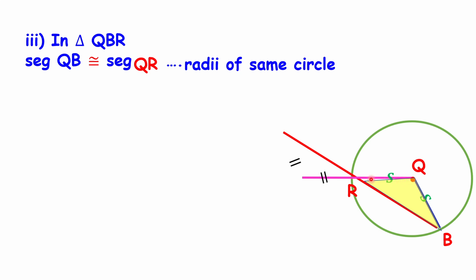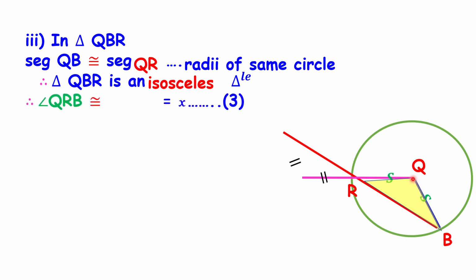These two sides are congruent to each other. Therefore, QBR is an isosceles triangle. Here BR is the base of this isosceles triangle. Therefore, angle QRB is congruent to angle QBR and both have measure x degrees.